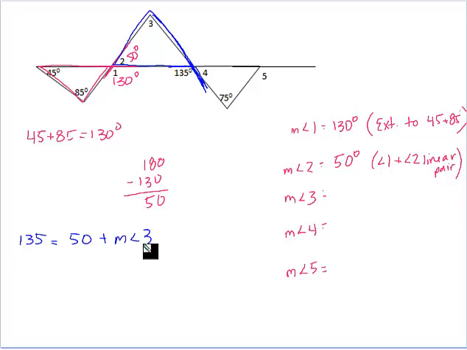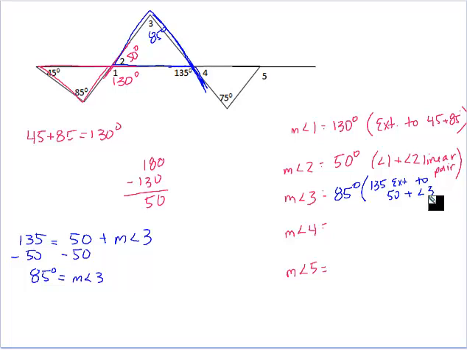And to get our measure of angle 3 alone, we would just have to subtract 50 from both sides, which gives us 85 degrees for the measure of angle 3. And it's 85 degrees. 135 is exterior to 50 and angle 3.